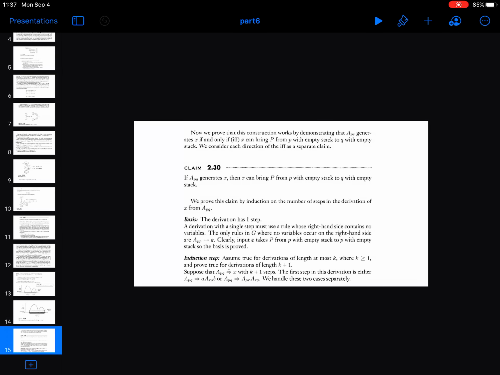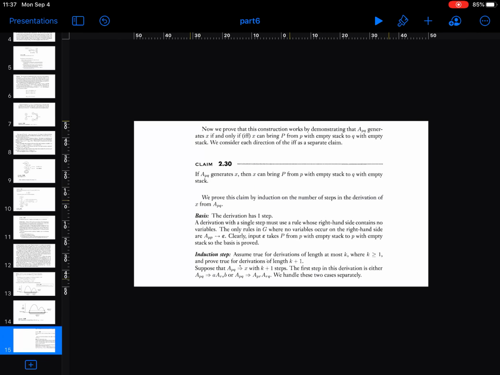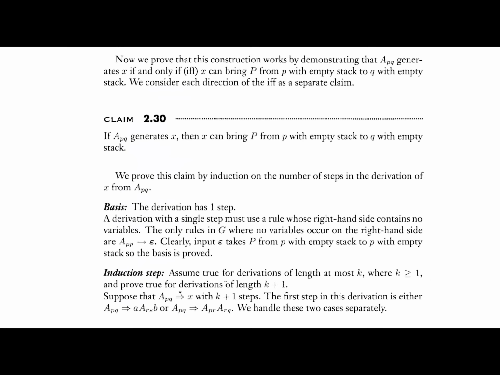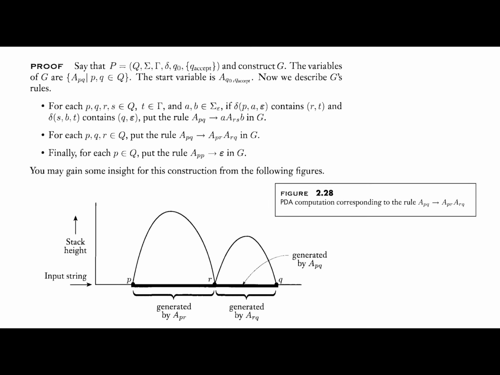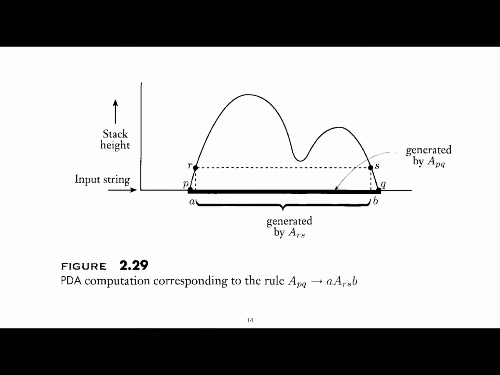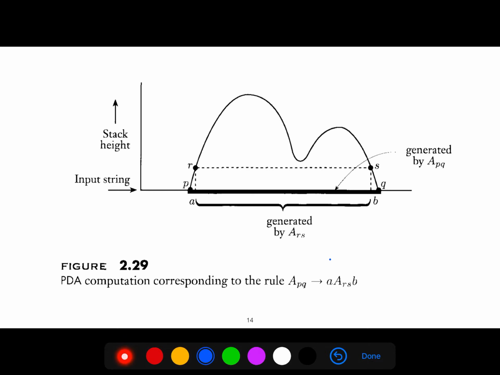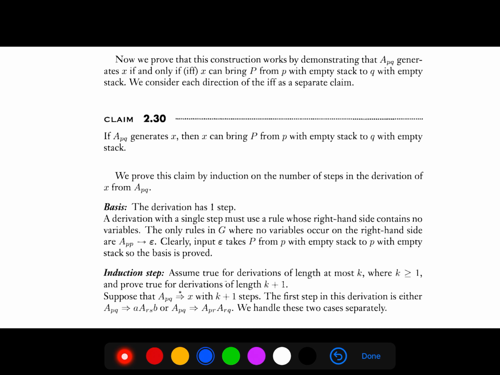You go like this, or you have three things. Your rule is composed of three things. One terminal A, this is a terminal, this is a non-terminal RS, and then finally B. And that's it.